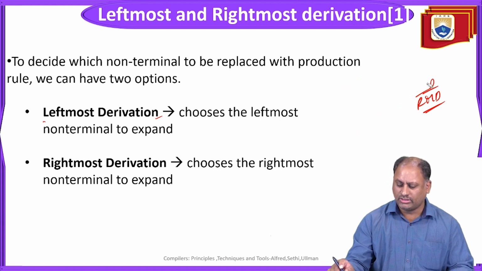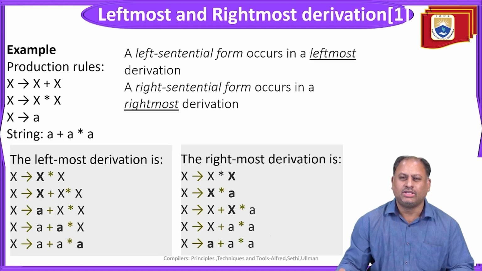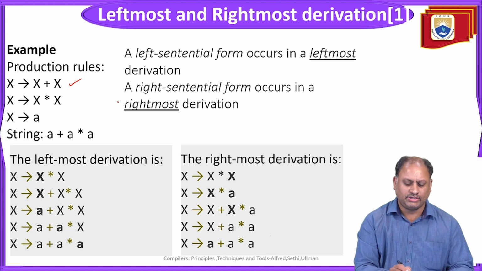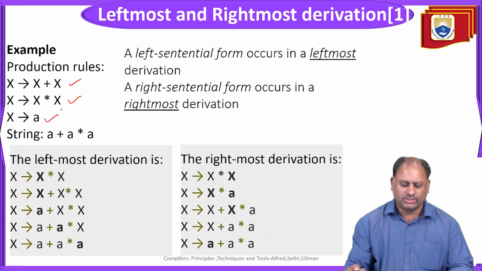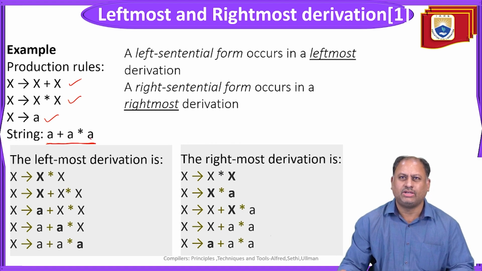So quickly we will see how leftmost and rightmost derivations are evaluated. In this example, production rules are given. The first production rule is X derives X plus X, the second is X derives X star X, and the third is X derives a. The string given is a plus a star a.